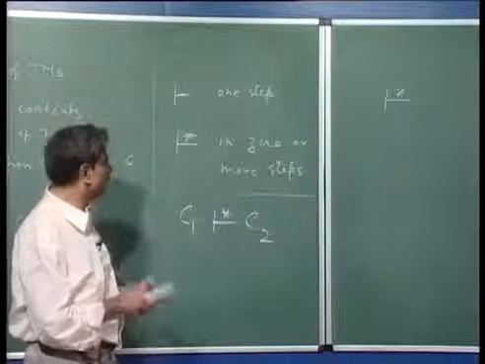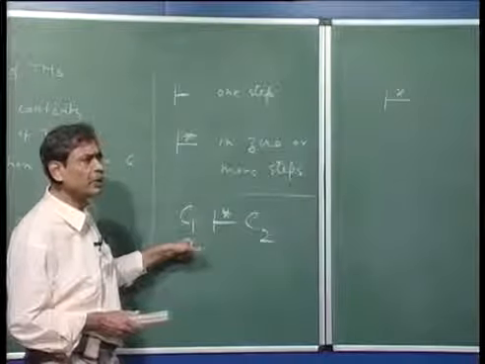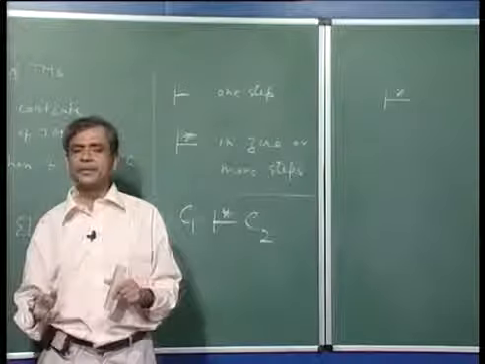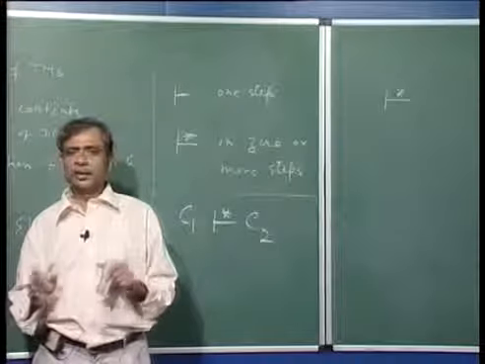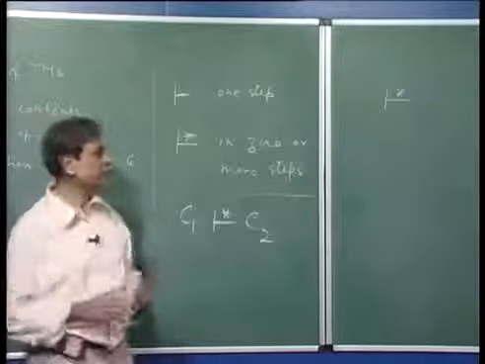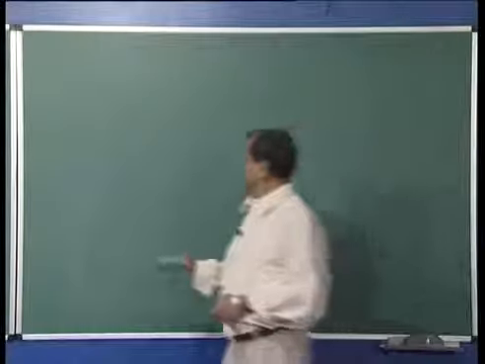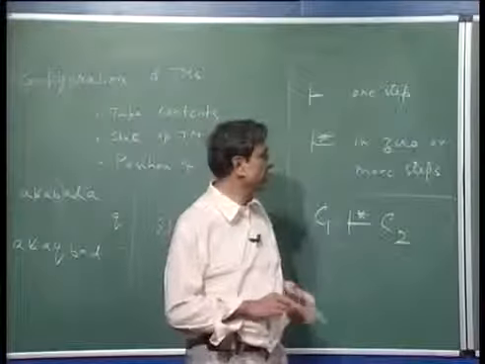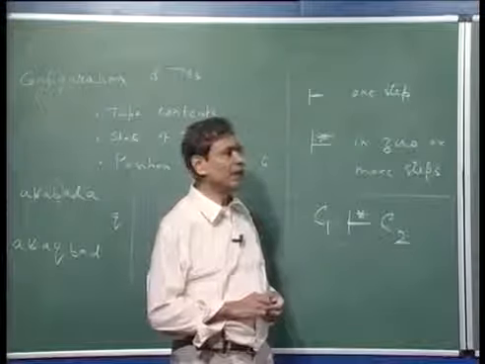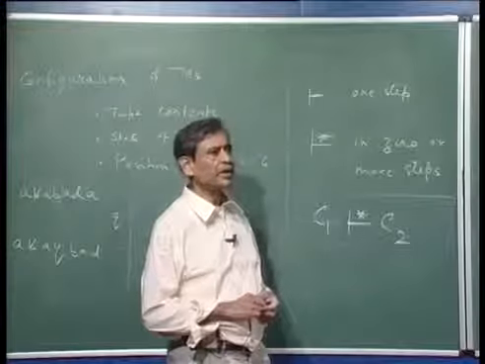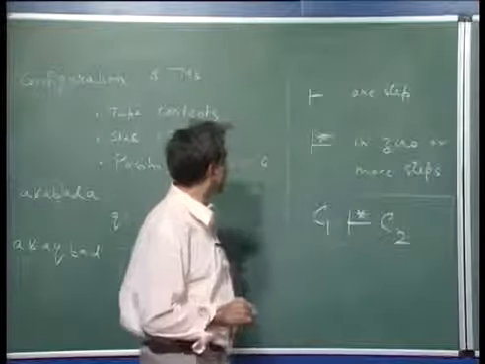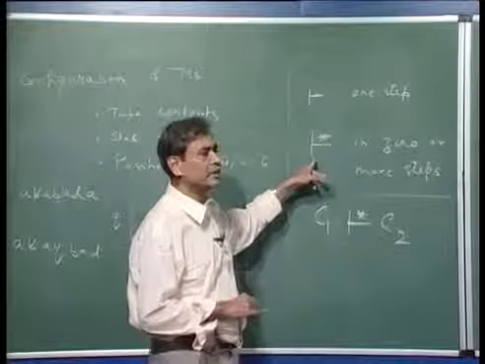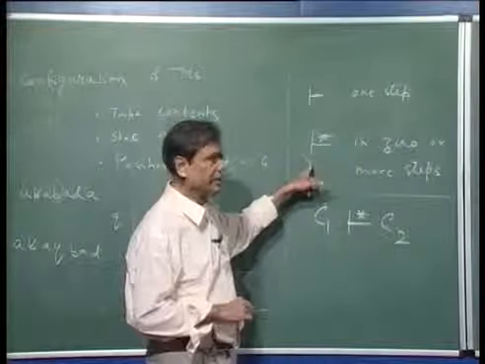All right. Why are we doing all this? We are doing all this because we would like to very precisely capture the notion of accepting or recognizing a language by a Turing machine. We are trying to understand very formally and rigorously what it means to say a Turing machine recognizes a language, and towards that we defined a relation on configurations.